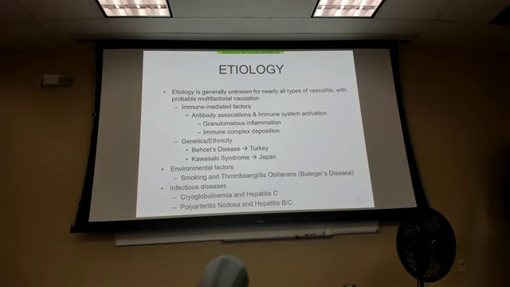Kawasaki, Japan. We can have some environmental factors that are the etiology here. So we can have smoking and thromboangiitis obliterans. It can also be some type of infection. So we can see cryoglobulinemia and hepatitis C, but also the polyarteritis nodosa, which we will look at in a little bit, hepatitis B and C.